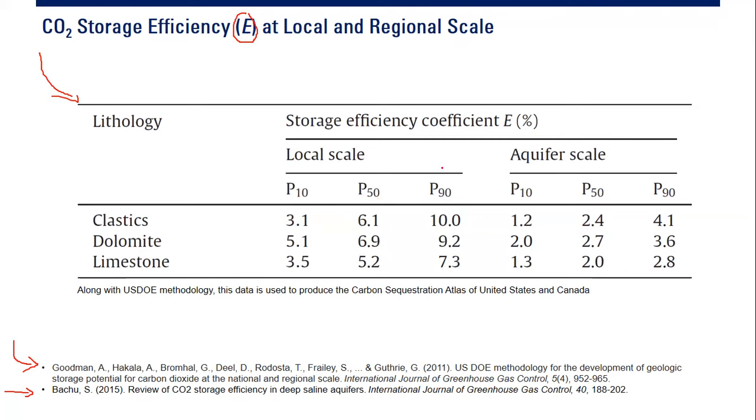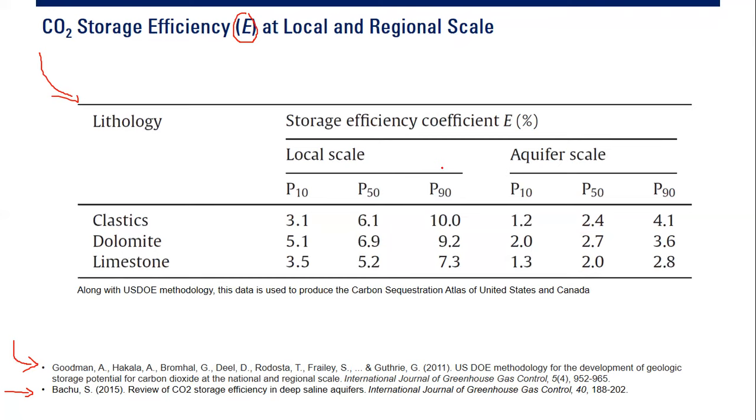Both of them actually for the aquifer, but the first one is for local scale and the second one is for the regional scale. So you can trust this value, but if you find latest papers from later researchers, of course you can take that as a source of your information as well. But I think this is also good data for the storage efficiency coefficient.